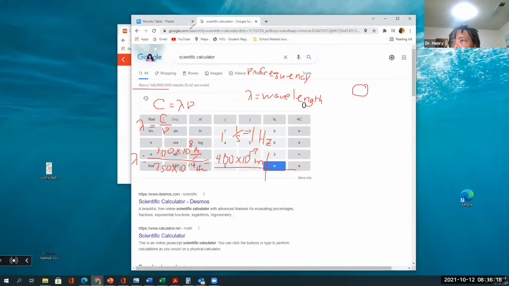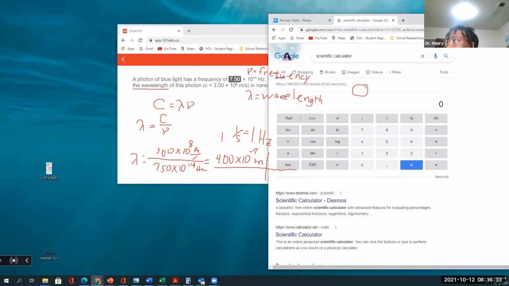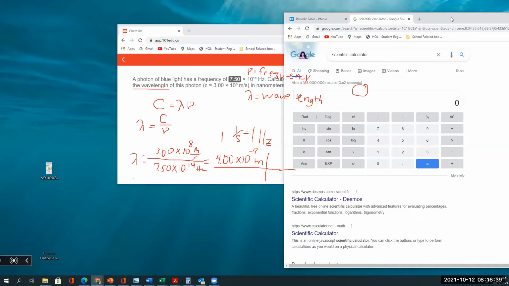Can you guys see my calculator? Trying to find a spot for it right there. Can you guys see it now? This is not like mine. Let's see.